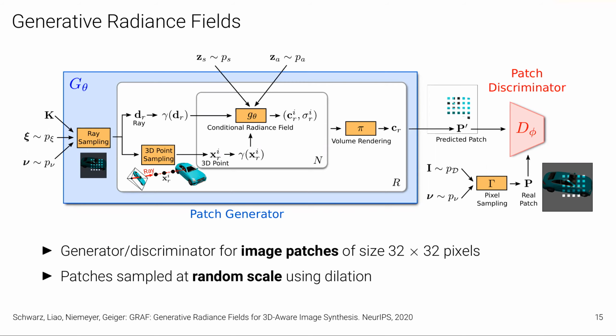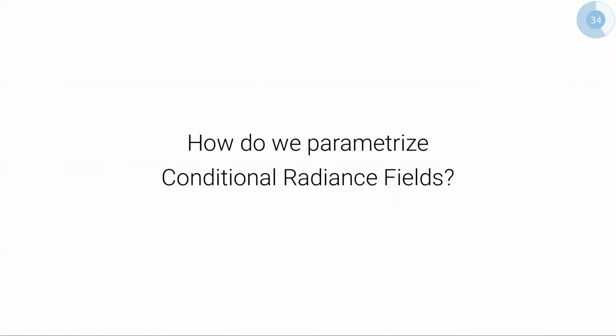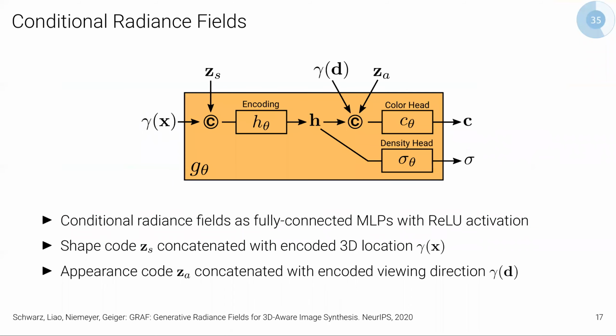So if there are no questions here, I would then discuss these conditional radiance fields. How do we actually parameterize these conditional radiance fields? First, we just use fully connected MLPs with ReLU activation, similar to NeRF.